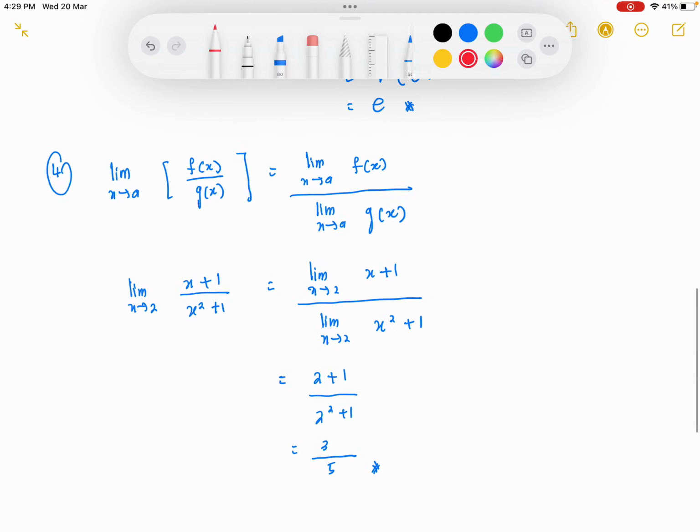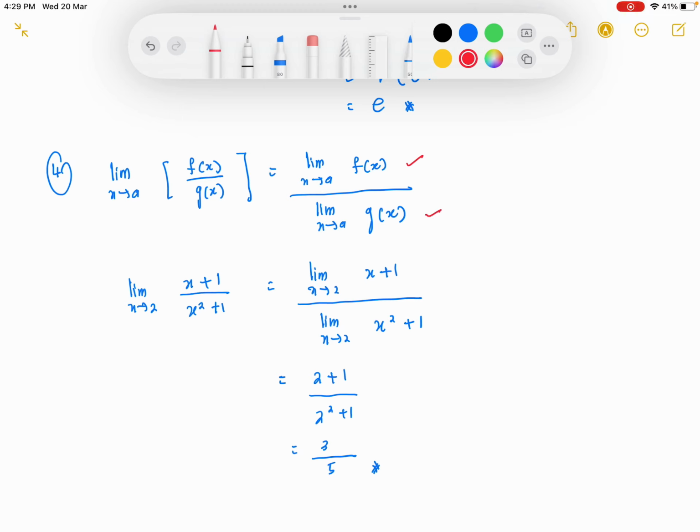And lastly, we have the limit as x approaches a of f(x) over g(x). We have a fraction here, so if we separate the limit, we get the limit as x approaches a of f(x) divided by the limit as x approaches a of g(x).